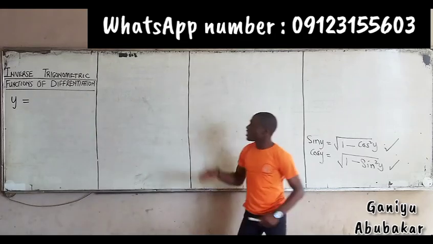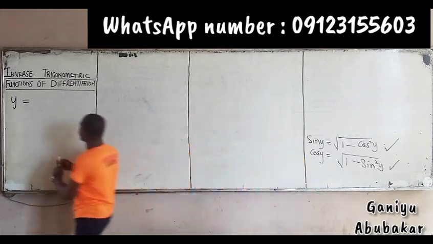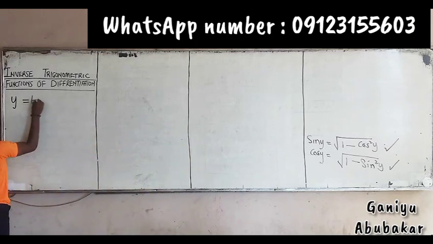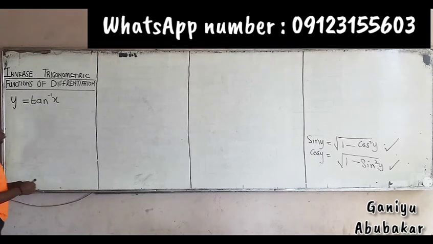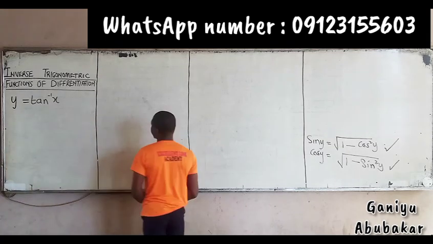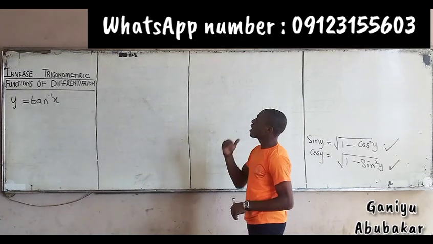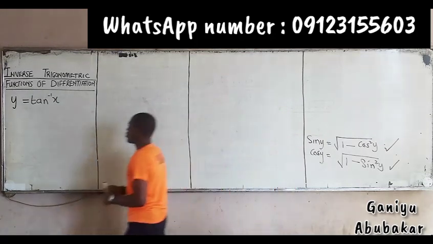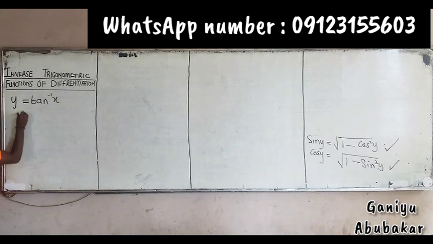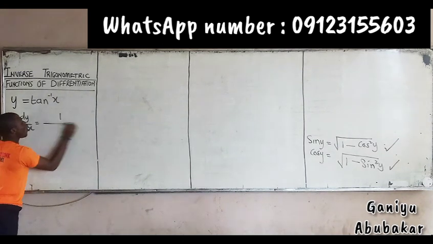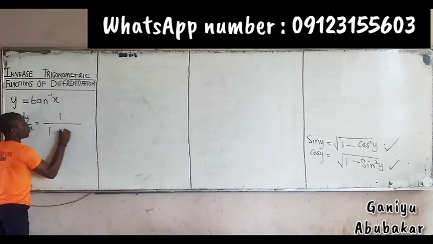Given that y is equal to tan inverse of x, dy over dx is equal to 1 all over 1 plus x squared.